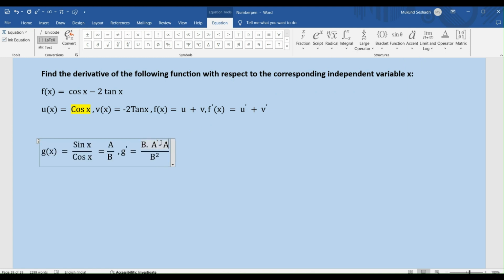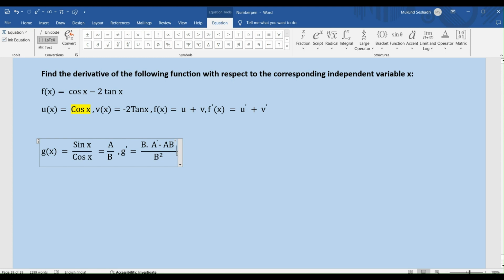So when I have g of x of the pattern a by b, then my g dashed is nothing but b a dashed minus a b dashed divided by b square, right?